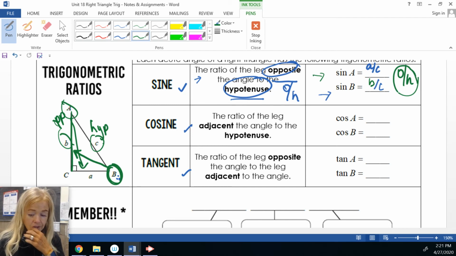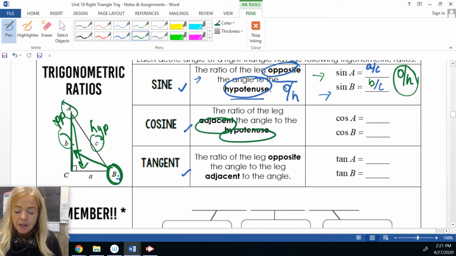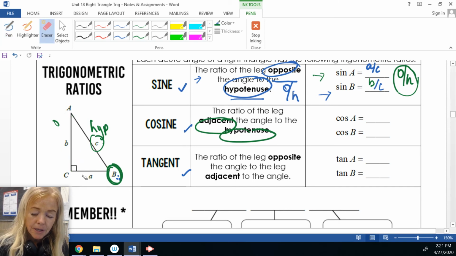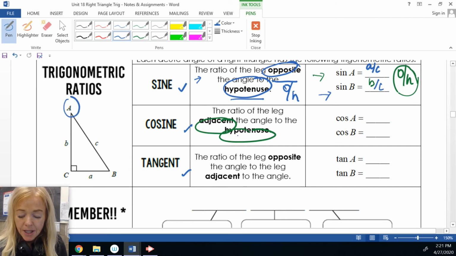Cosine: if you look at cosine, it's the adjacent over the hypotenuse. So remember that adjacent line was the one that ran right into the angle. So like for A, we're going to look at A here. Adjacent is the leg that runs right into the angle or is part of the angle.